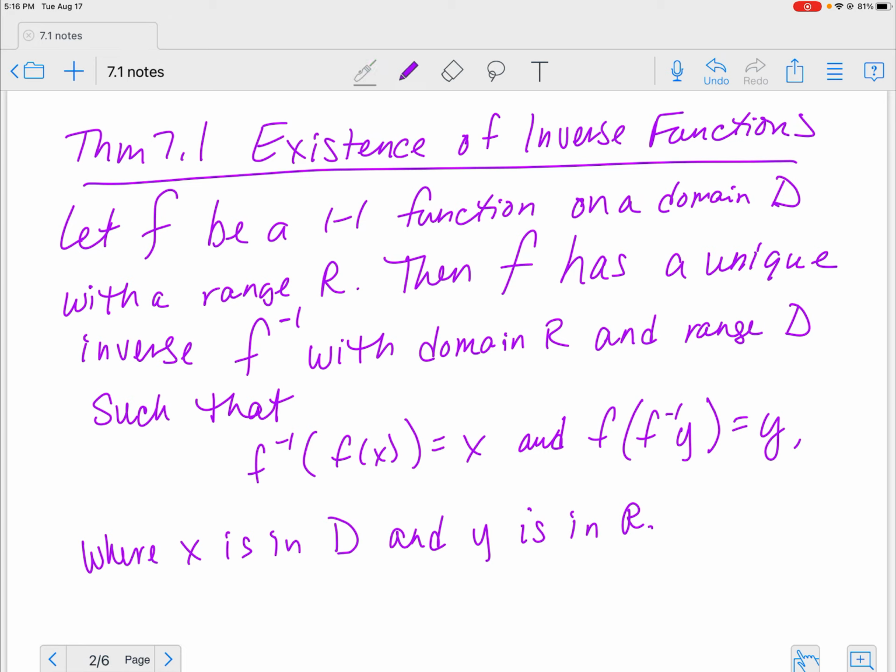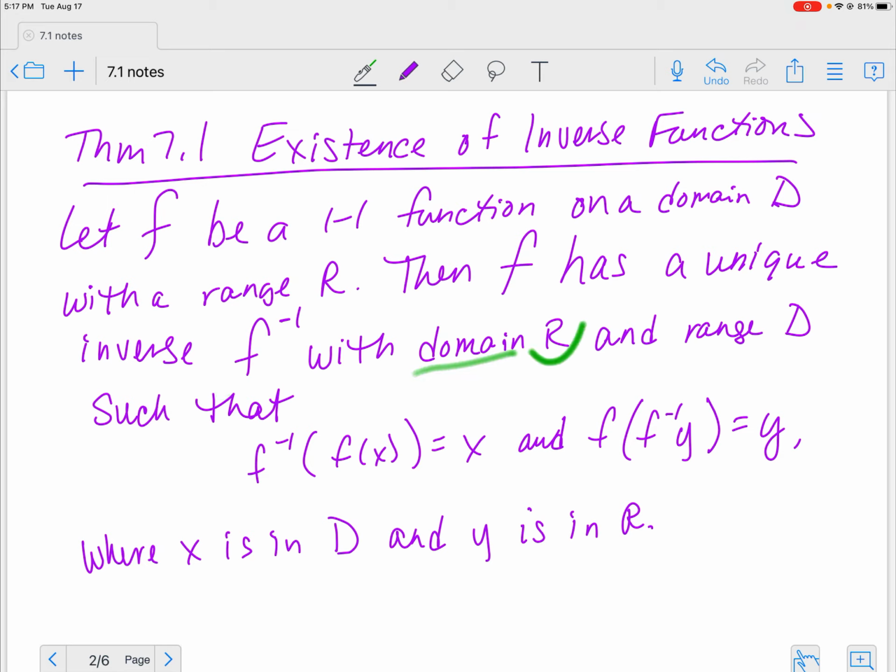Okay, let's do it. Let f be a one-to-one function on domain D. So I'm telling you my input values are represented by the variable D, with a range R. My output values are represented by the variable R. Then I know f inverse, because remember when you have an inverse function, you swap the x's and y's.